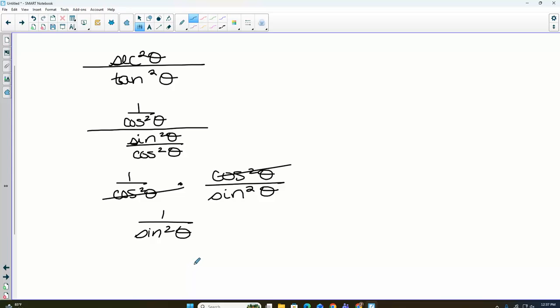And that is secant squared theta, which is what we wanted. Try another one.